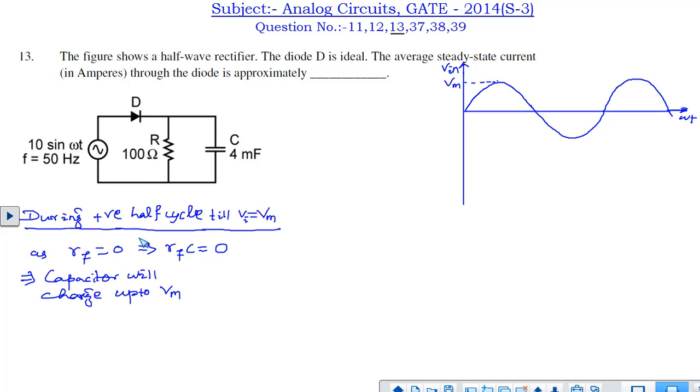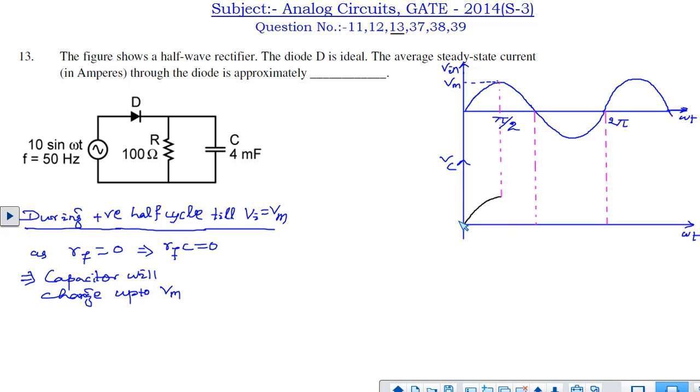So the capacitor will charge according to the input voltage, and it follows the input voltage up to omega t equal to pi by 2, when it reaches Vm.